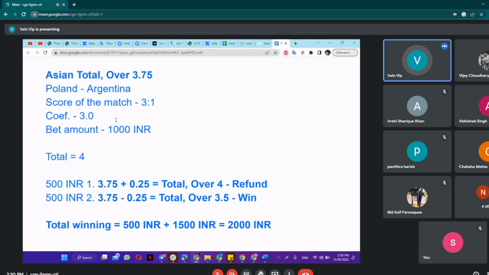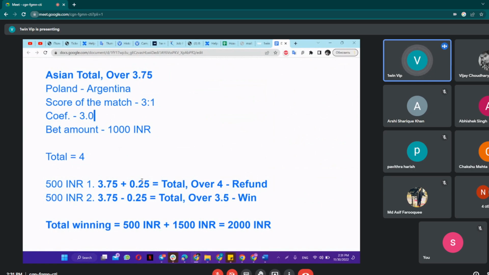They can go to some website and calculate themselves, but the system does it automatically, and the client could not understand how it works. You need to explain that your Asian total bet is divided into two parts with two equal bet amounts, and you are betting on total over 4 and total over 3.5, the two nearest normal totals, the higher one and the lower one.